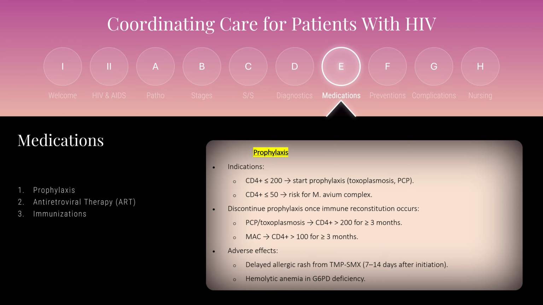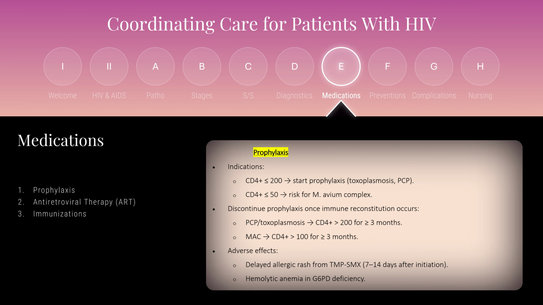And so occupational exposure: report immediately, test source if possible, initiate post-exposure prophylaxis. Also the FDA approved PrEP medication, Truvada, reduces HIV transmission by almost 99% when taken as prescribed.